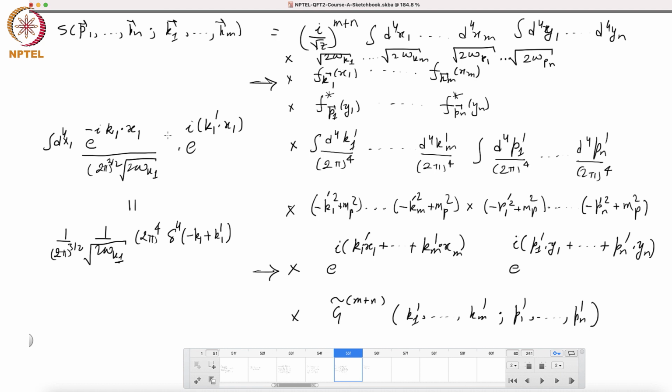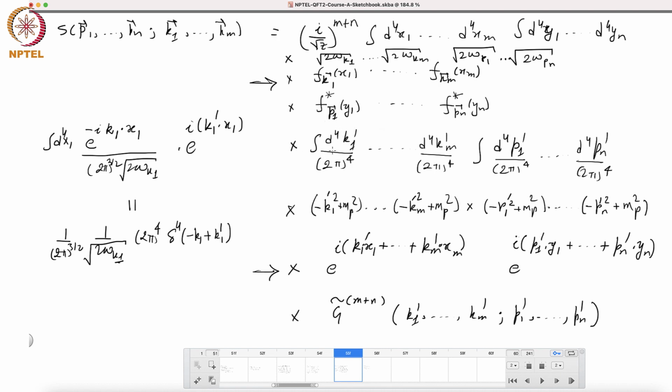Each of these f_ki brings a factor of 1 over root 2 omega ki. So that gets cancelled with this root 2 omega ki because of the normalizations that we chose, which brought these factors. So each of these root 2 omega ki's are going to disappear. There will be no square root of 2 omega ki in this. Then all the x and y integrals are gone. These f's are gone.